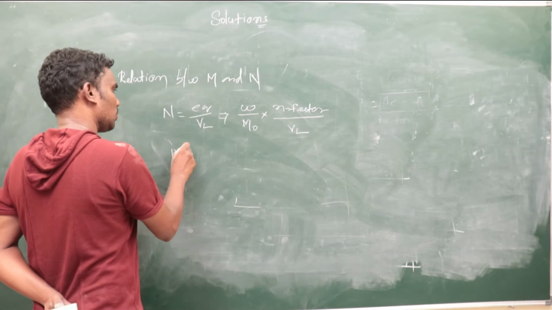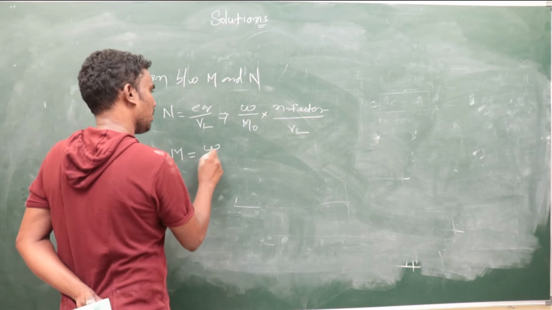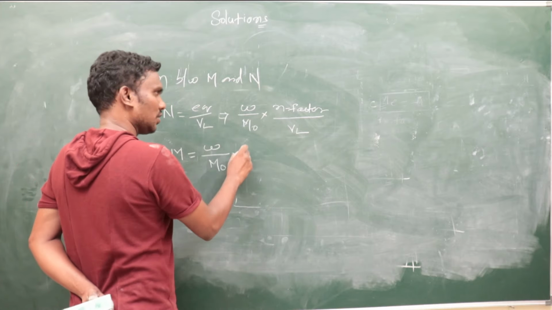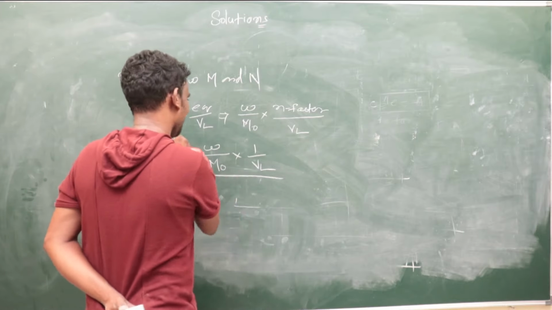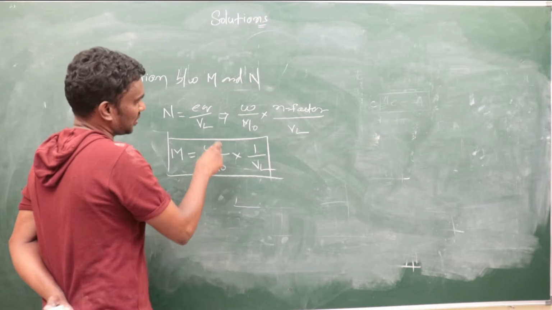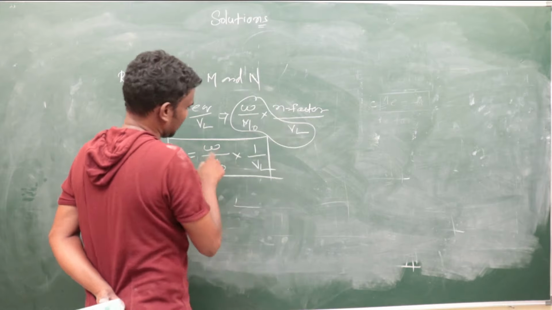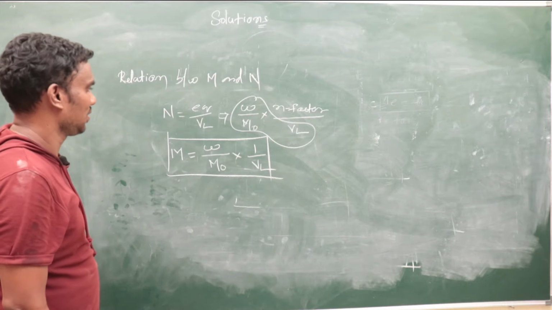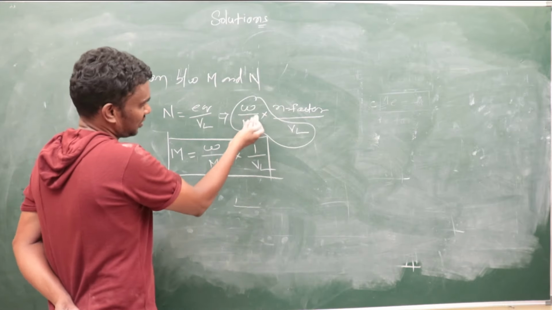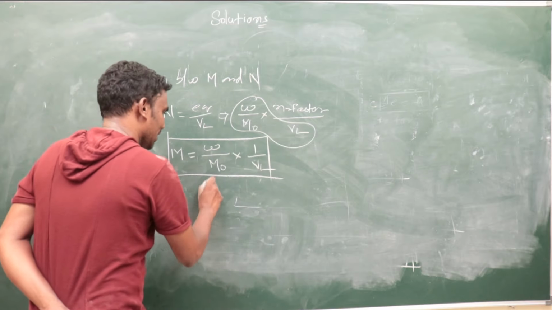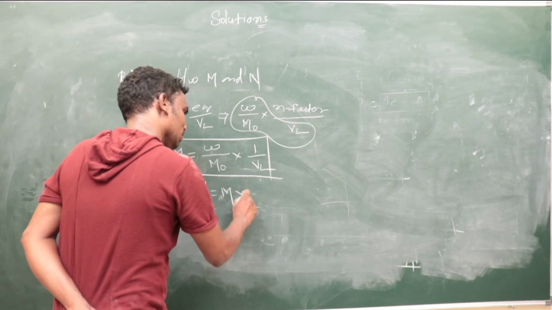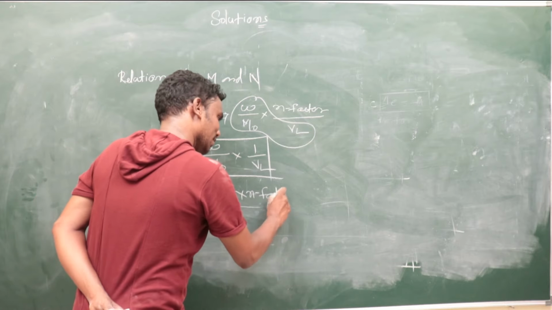Molarity means weight by molecular weight into 1 by volume in liters. Observe carefully: these two terms are the same. So in this place you just replace molarity. That is, N is equal to molarity into n factor.